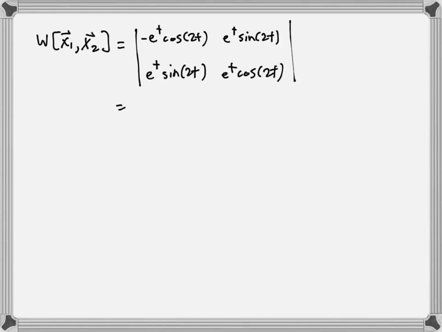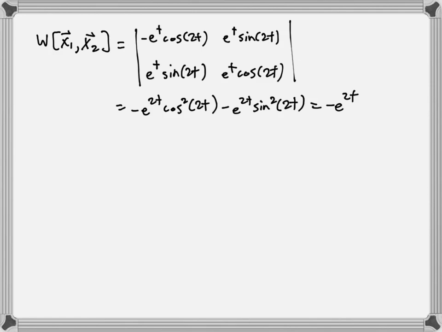We just do a determinant of a 2 by 2 matrix. So when you multiply these together, you get negative e to the 2t cosine squared of 2t minus e to the 2t sine squared of 2t, which is actually, if you factor out the negative e to the 2t, the rest is just 1, so it's just negative e to the 2t.